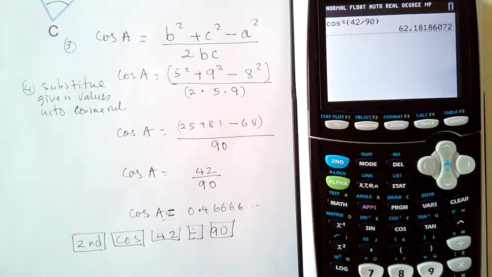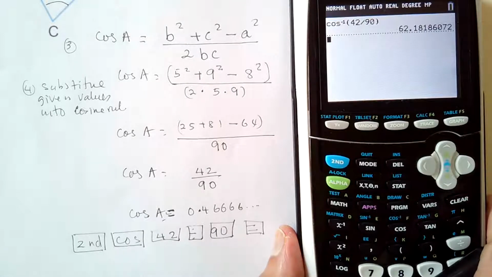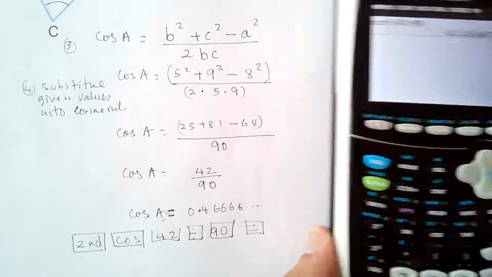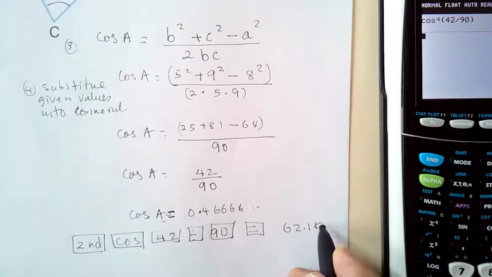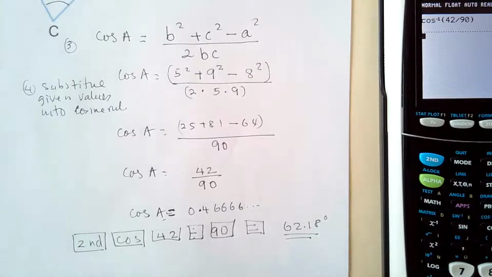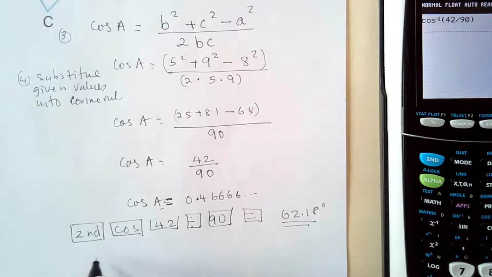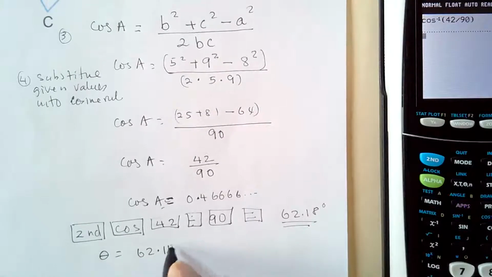Enter. And you'll press your equal button to get a result of 62.18 degrees. Theta is 62.18 degrees.